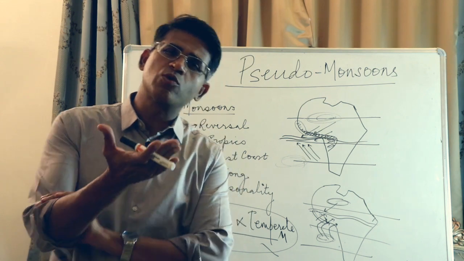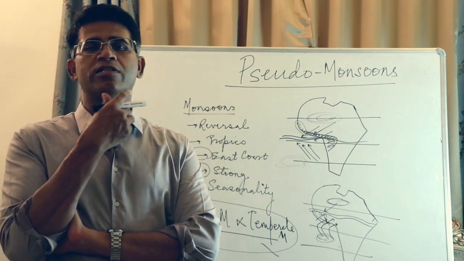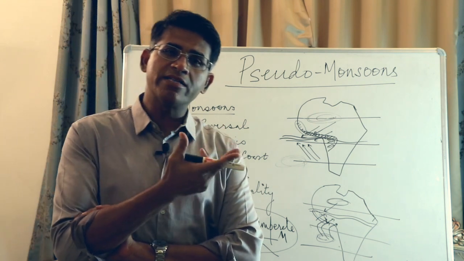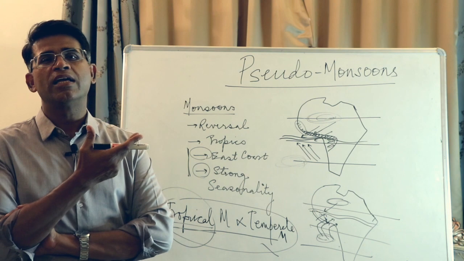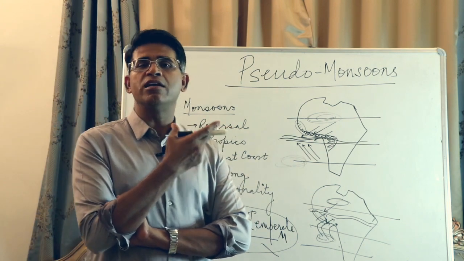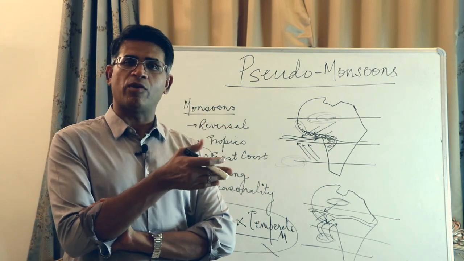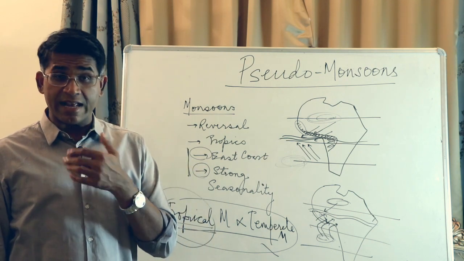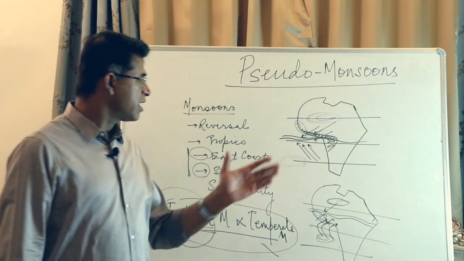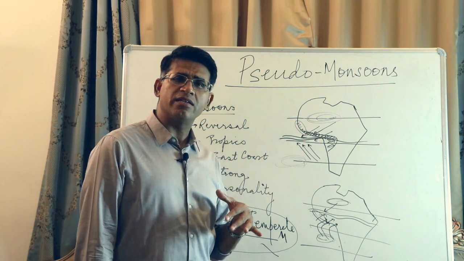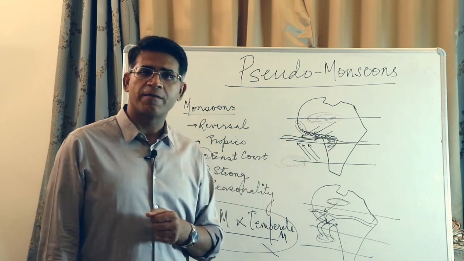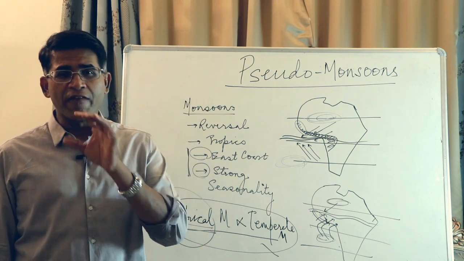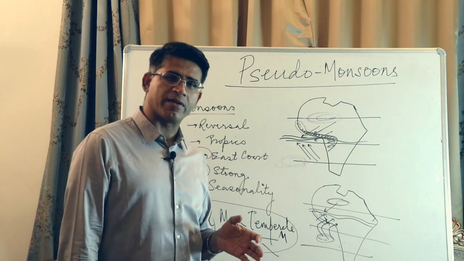So why are they called pseudo monsoons? Because the location is not east coast like it otherwise should have been. Because the rains during the rainy season of the summer monsoon are very less, just about 30% or less of the total rains, and by the time you move landwards, it becomes drastically less. And the third reason is that the winter dry season isn't well developed.